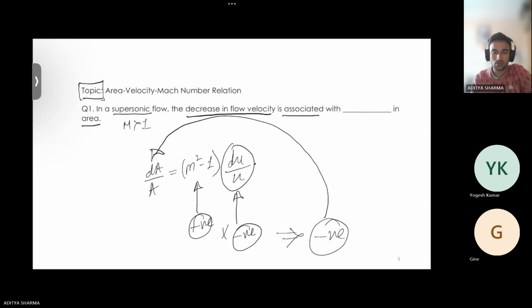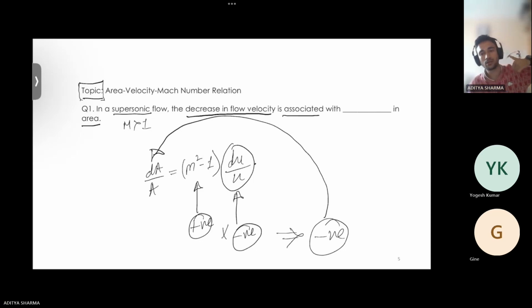So if we have this duct and the area has decreased this way, basically if the cross section is circular, it will be like this.